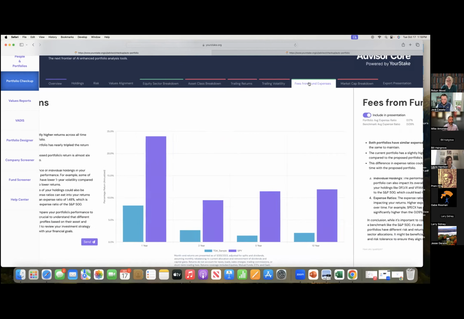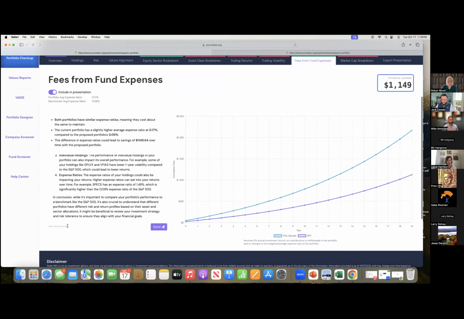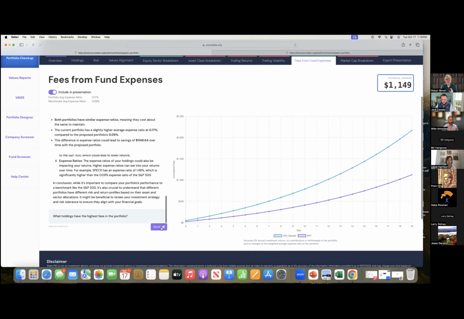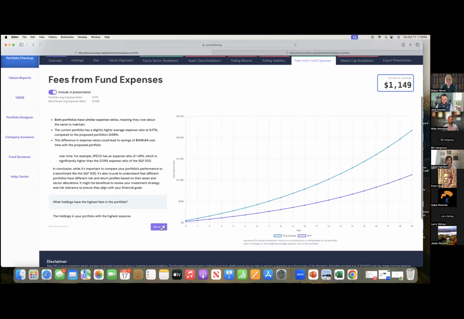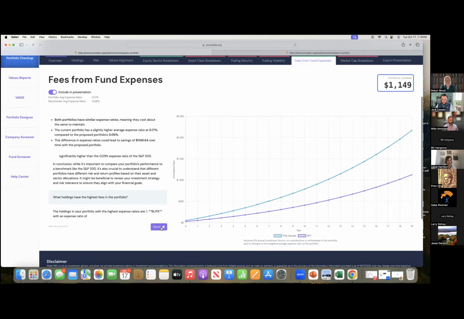And then on the fees, maybe I just want to say what holdings are the most expensive. It's tiny print, but I asked what holdings have the highest fees in the portfolio.